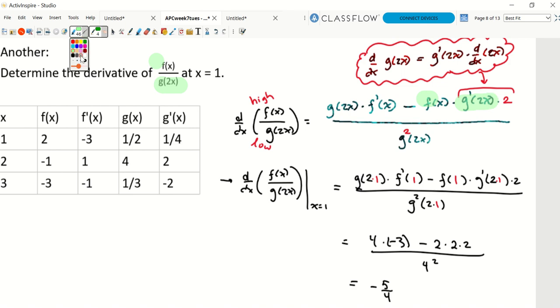And because this is not just a g prime of a clean x, this is a 2x, that means there's an inside function of 2x, which means we have to do derivative of inside once again, which is 2.